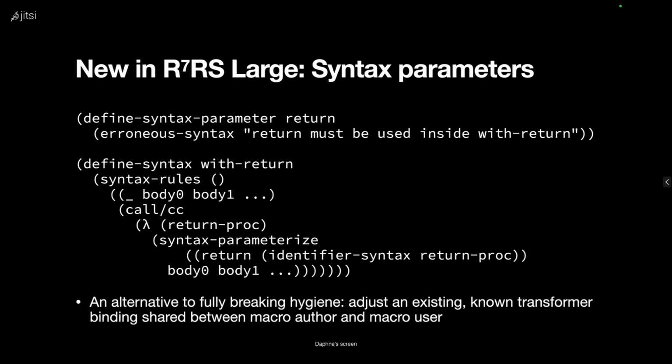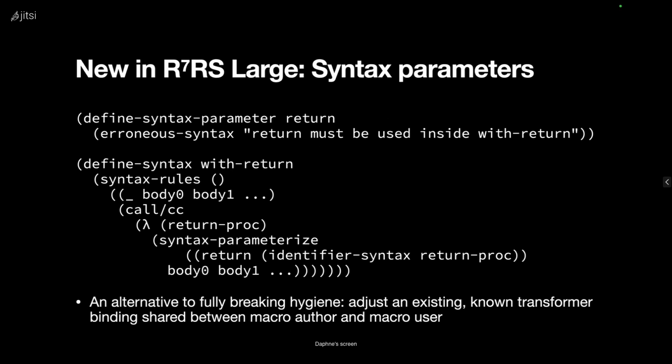Another new thing we have is called syntax parameters. These are kind of an expand time equivalent to the parameters that I mentioned earlier, and allow me to appear to break hygiene within a syntax rules macro without really doing it.